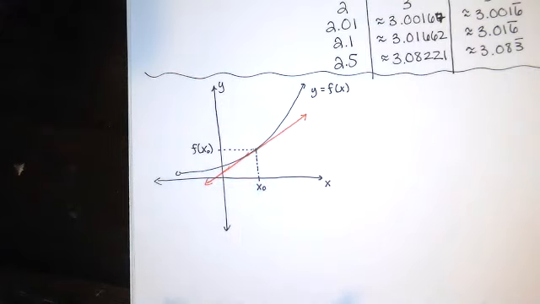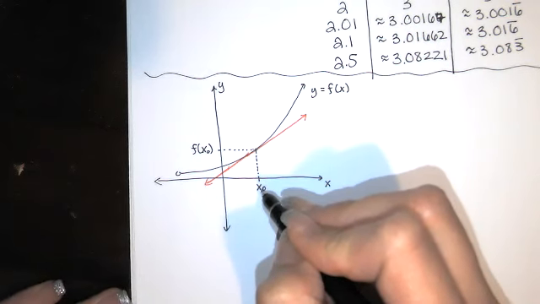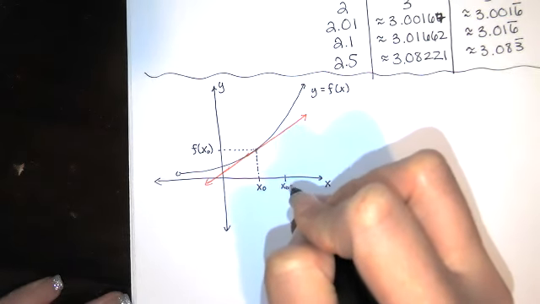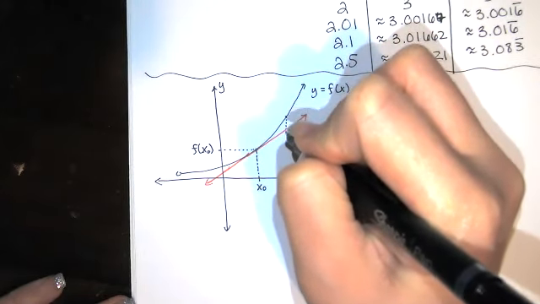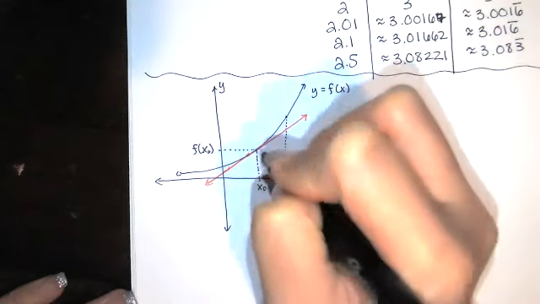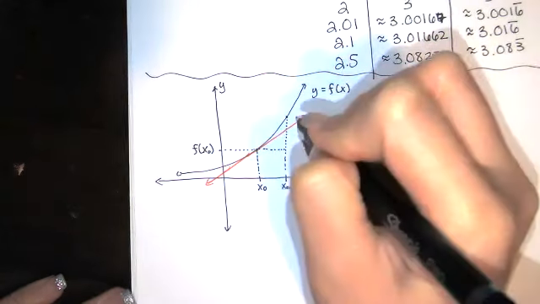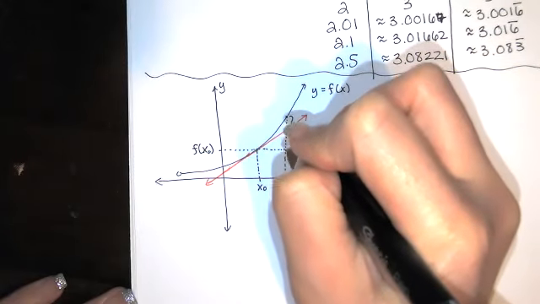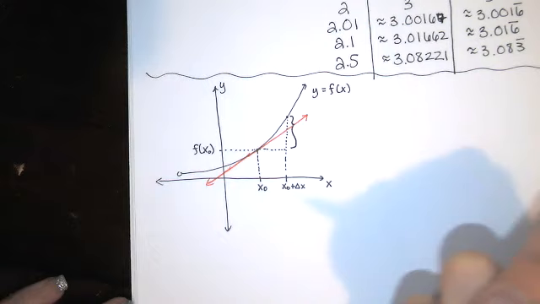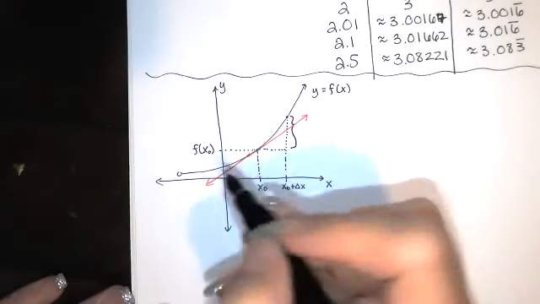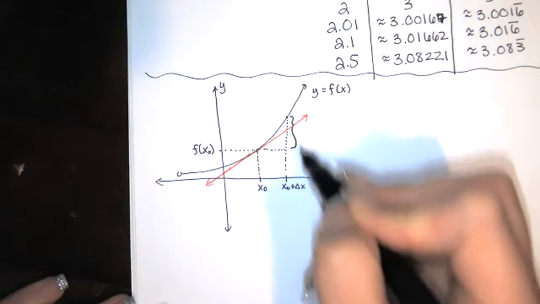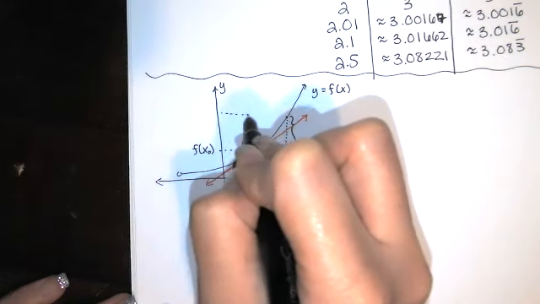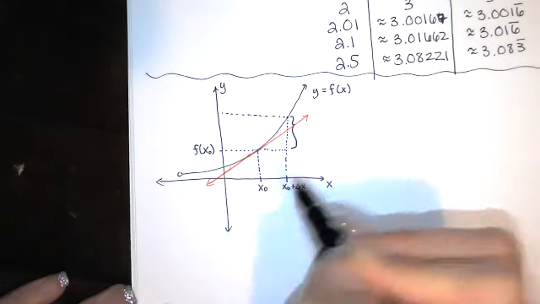If x changes by a little bit, y also changes by a little bit. So let's say we're going from x naught to x naught plus delta x. This difference right here, that's the actual change in y. So when x is x naught, the y value is f of x naught. When x is x naught plus delta x, the y value over there is the function evaluated at x naught plus delta x.